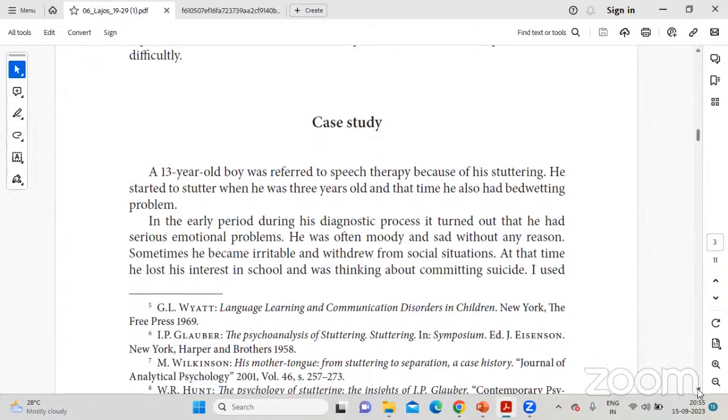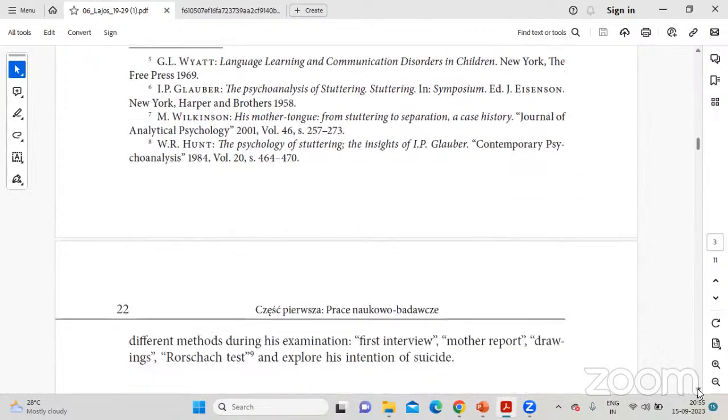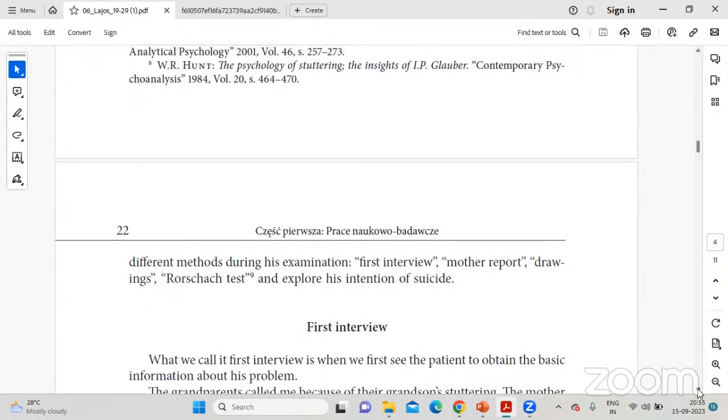All right. So in the early phase of the diagnostic process, it turned out that he had some serious emotional problems. He was often moody and sad without any reason. Sometimes he became irritable and withdrew from social situations. At that time, he lost his interest in school and was thinking about committing suicide, etc. So the researcher then presented the different methods that they used.